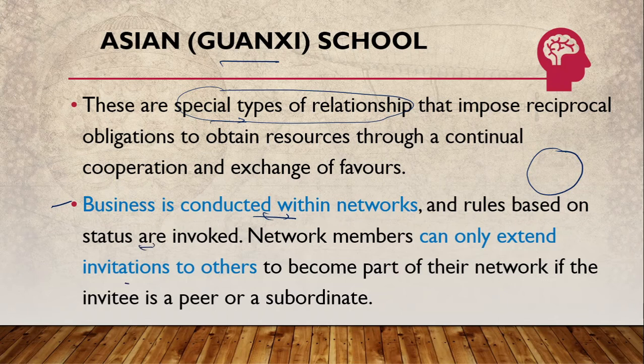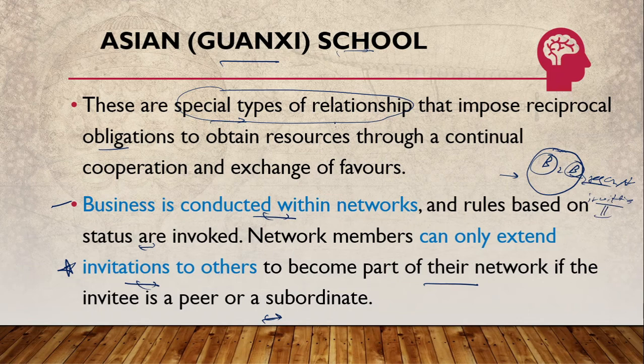Network members can only extend invitation to others to become part of the network if the invitee is a peer or a subordinate. So it says that in order to do business to business, you can perform that within the network, and you choose the other business within your network, based on invitations. Since you are in a definite network and this is a restricted one, it is not open to all because it is dependent on invitations.